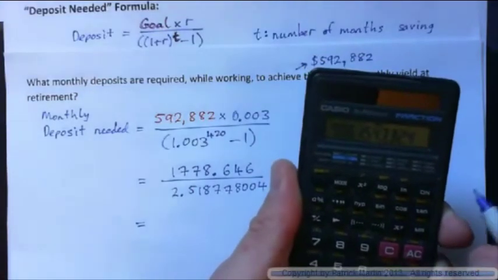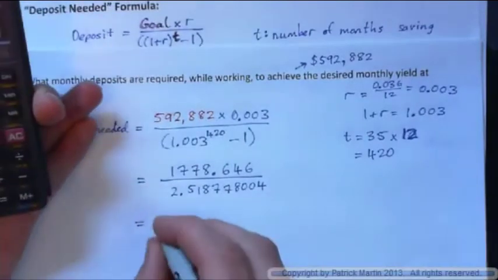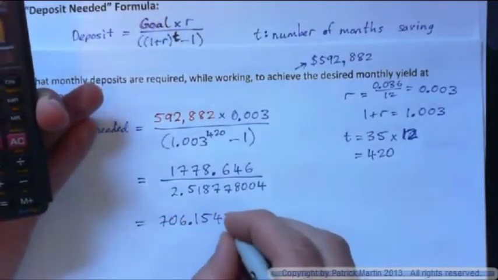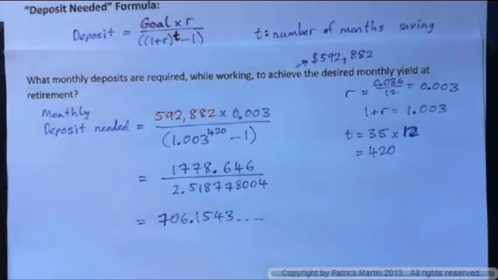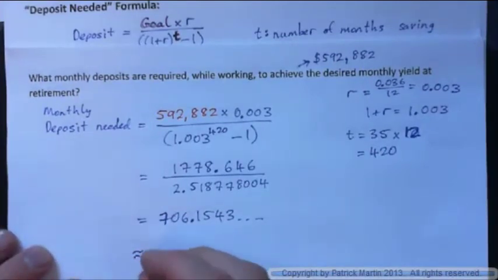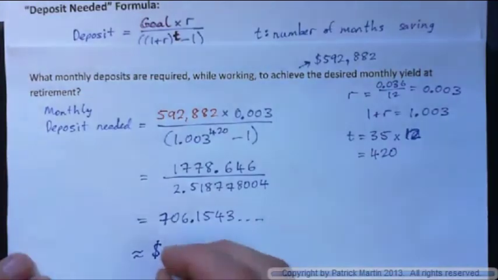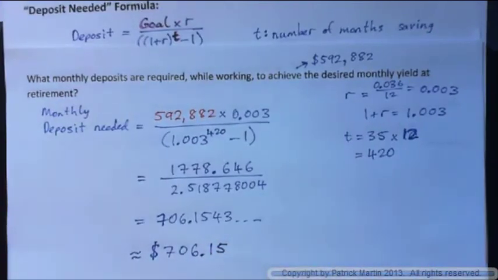And we have 706.1543, etc. So what we've come up with is our monthly deposit needed, and let's round that one to the nearest cent. What would you get if you rounded that to the nearest cent? 706.15.